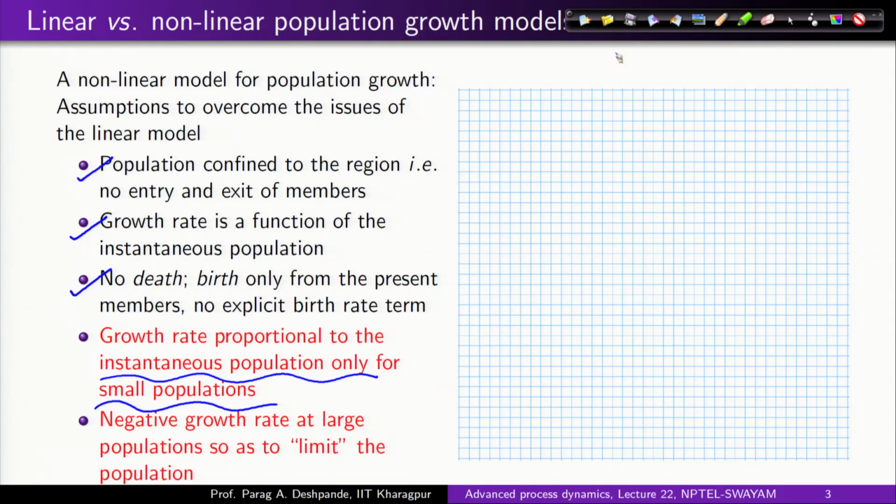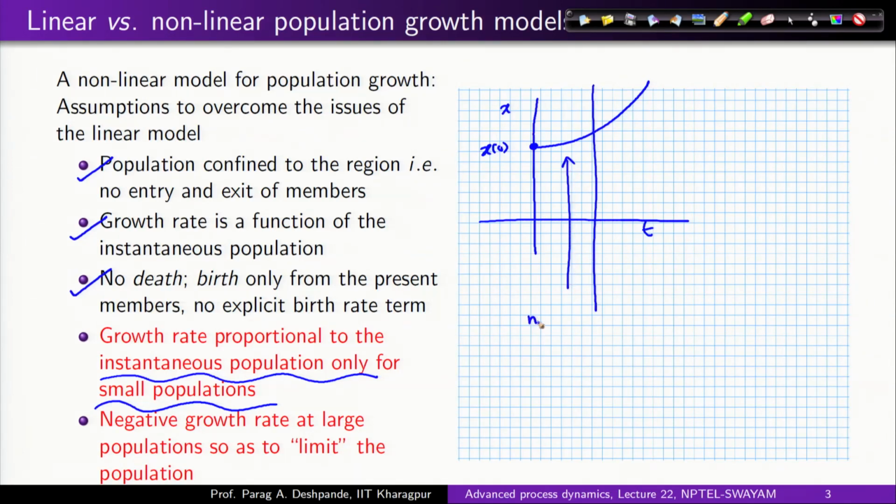Because if we remember our previous phase portrait, this was t, this was x, this was x of 0, and say this is one of the phase lines. So, our objection was not in this region, we have no objection in this region as far as the population grows.